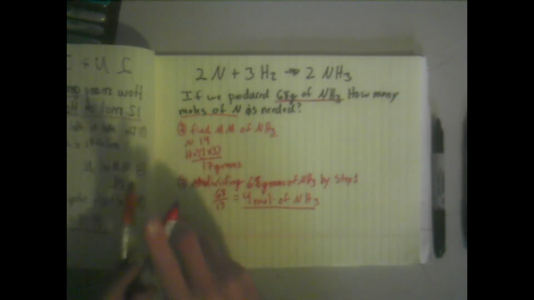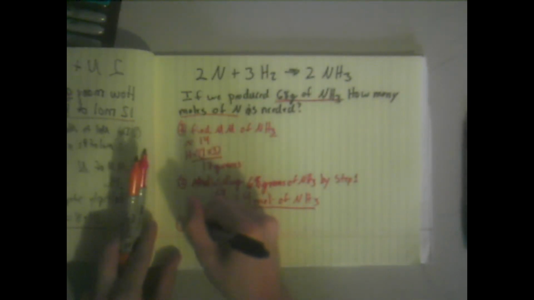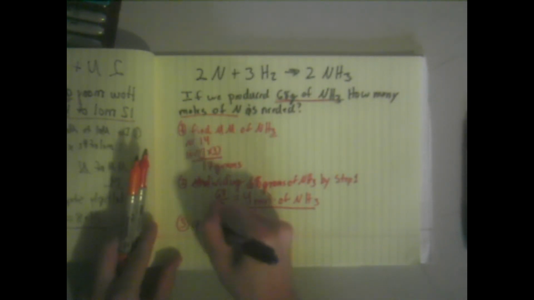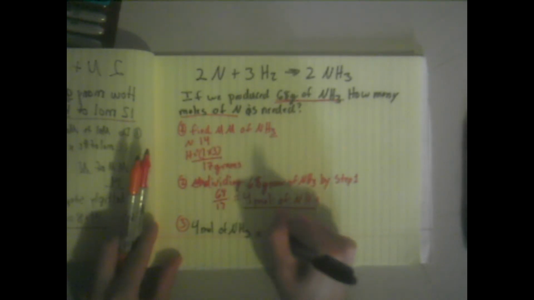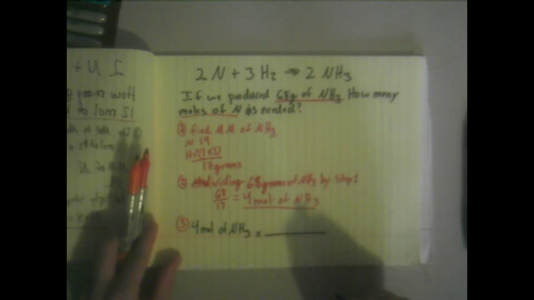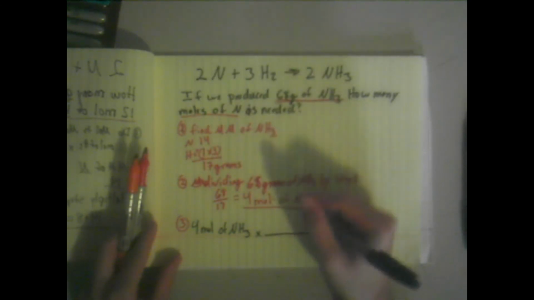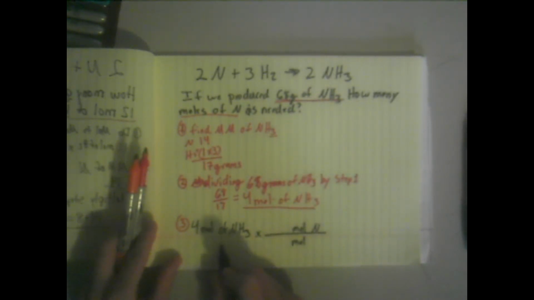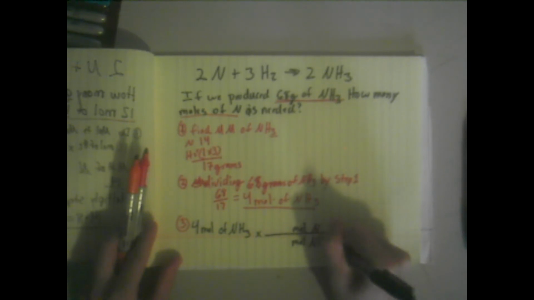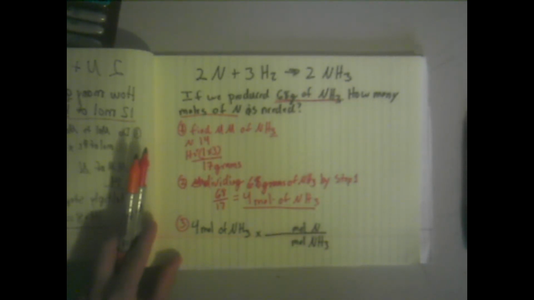We know we are using 4 moles of NH3. We want our wanted over given. We want nitrogen, so moles of nitrogen over moles of what's given, our NH3.